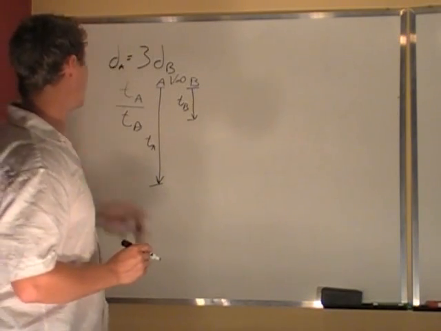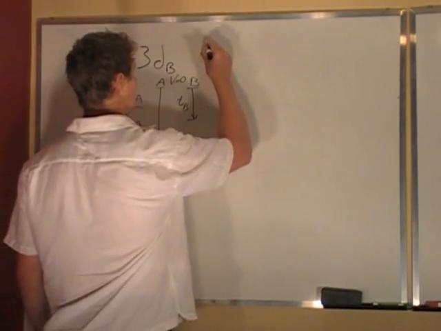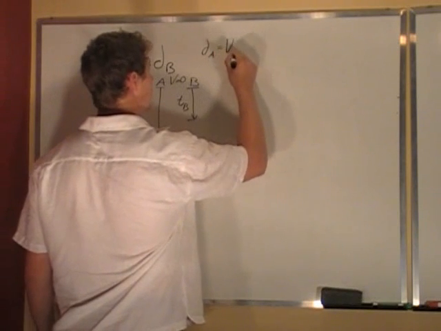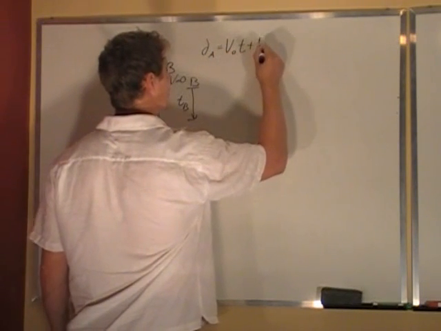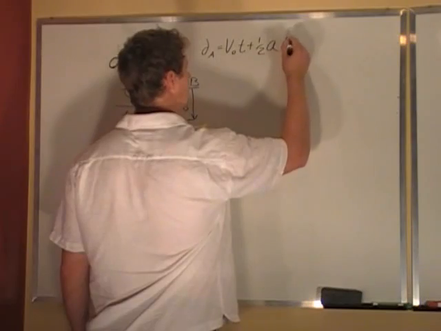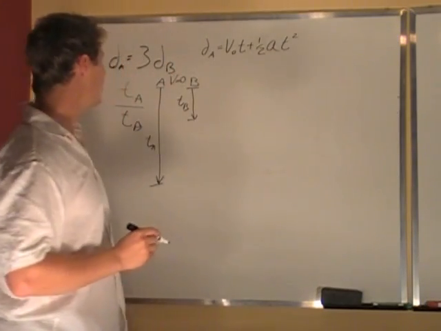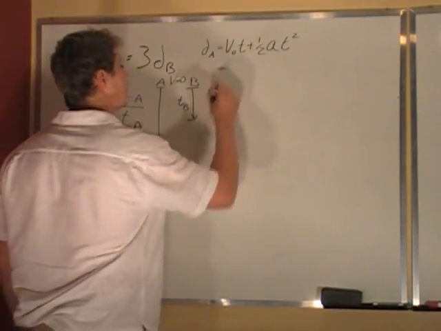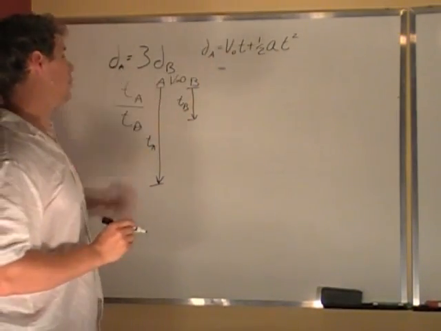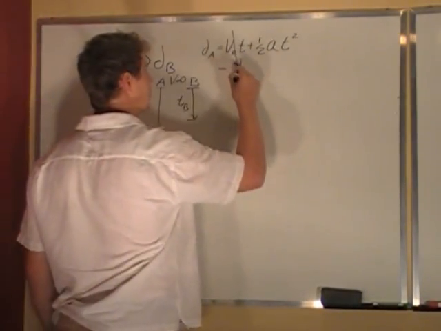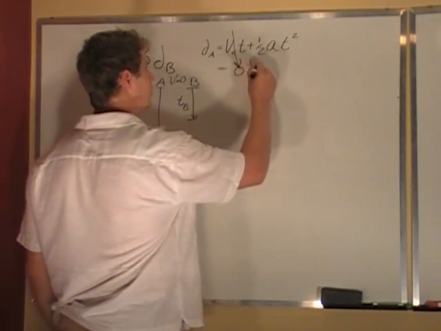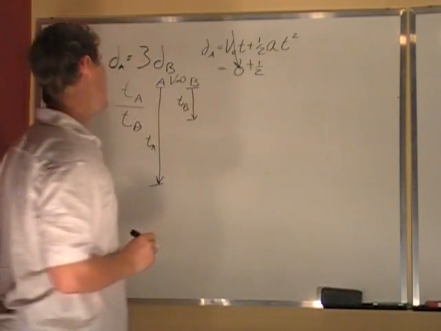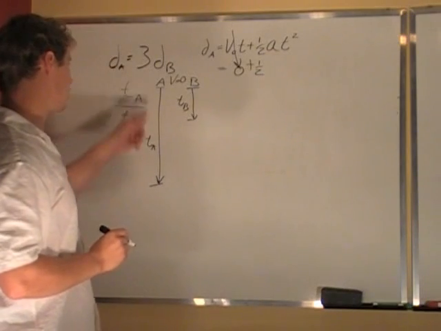So what we can do is find an equation for each of the distances. dA equals V naught t plus 1/2 a t squared. Okay, now I know that dA, V naught t, V naught is 0. So this whole term goes to 0 plus 1/2 a, where the acceleration is due to gravity, which is g.